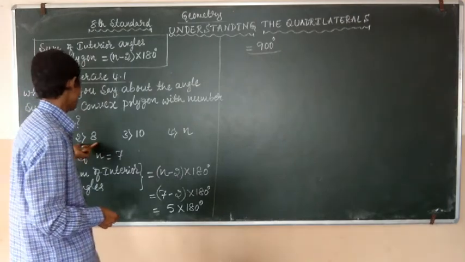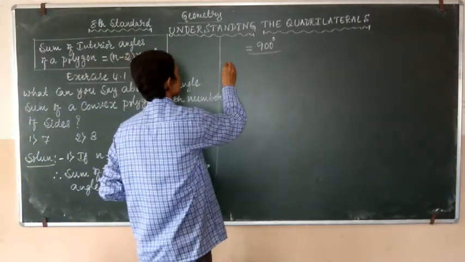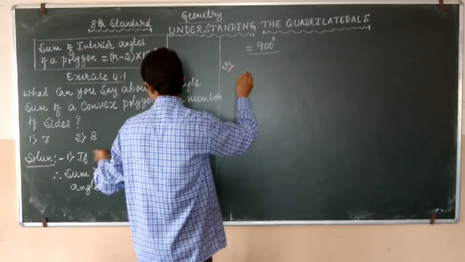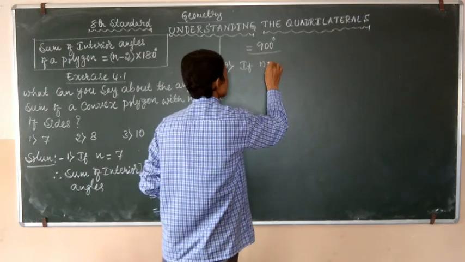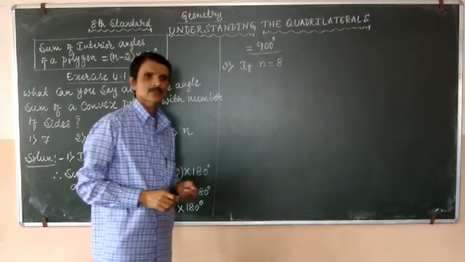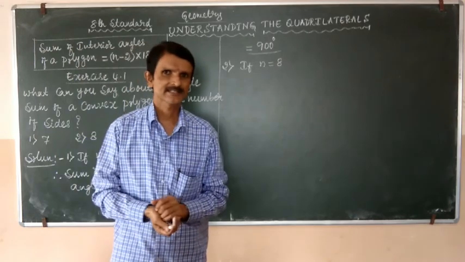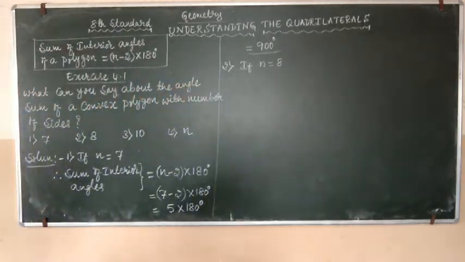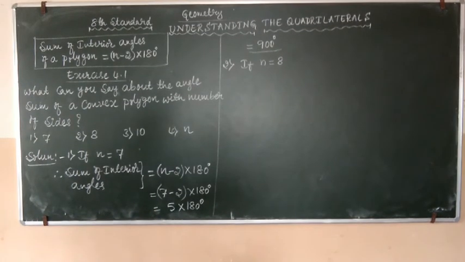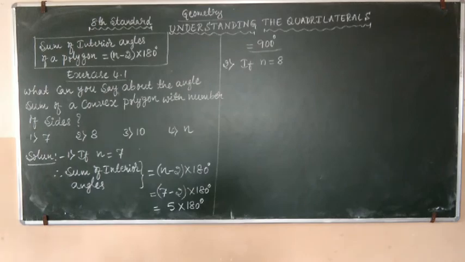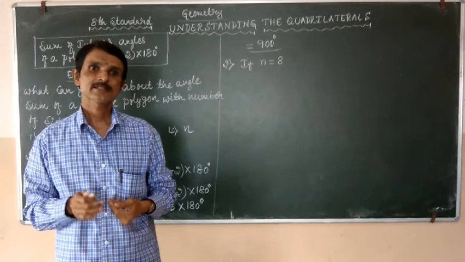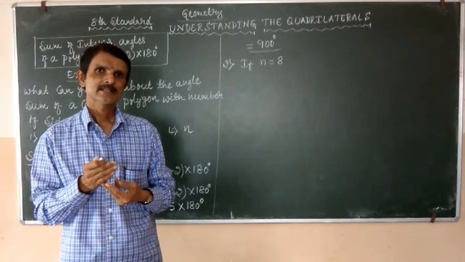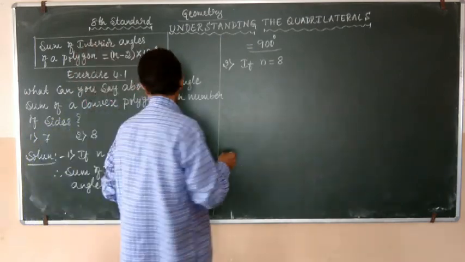Similarly, students, we will take the second problem. If n equals 8, what do you call that? If n equals 8, it is called an octagon.